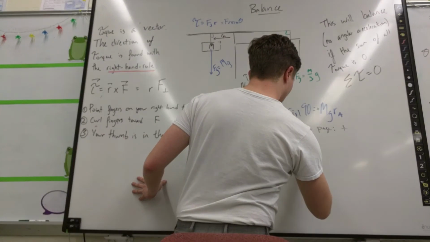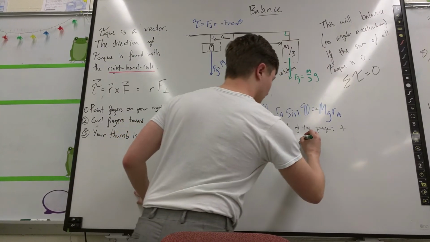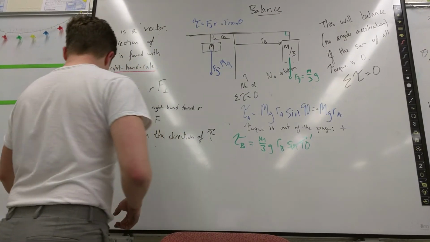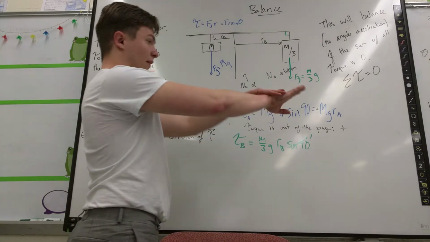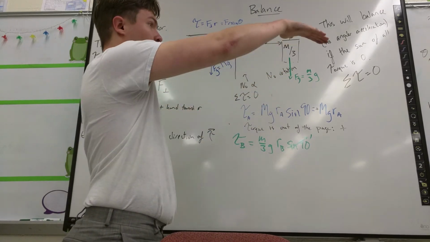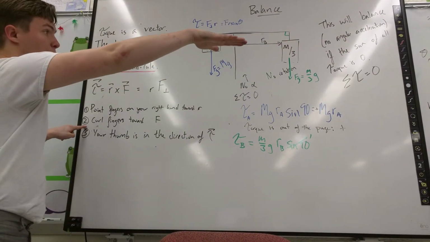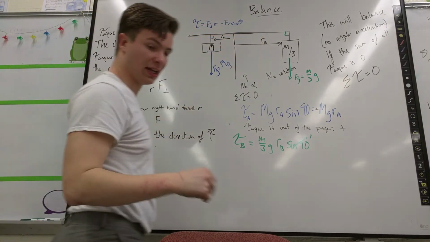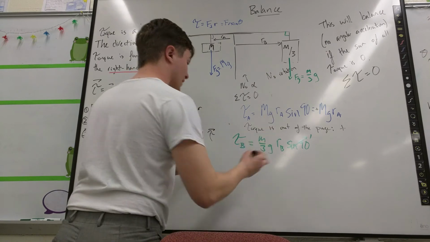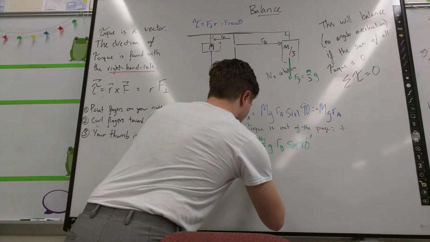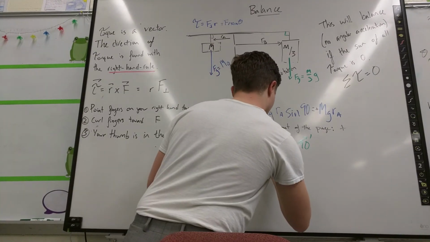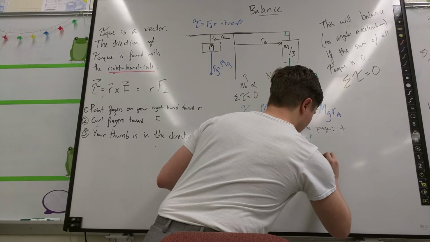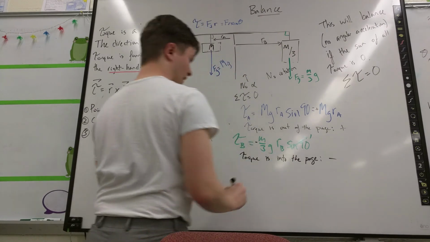That angle is 90, so the sine of 90 degrees is just 1. Now I do my right-hand rule again to determine direction. Fingers in the direction of R, and then I curl my fingers towards F. My thumb is pointed into the page, and if I define out of the page to be positive, then into the page must be negative. So this value must be negative.